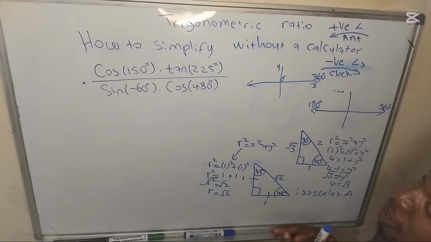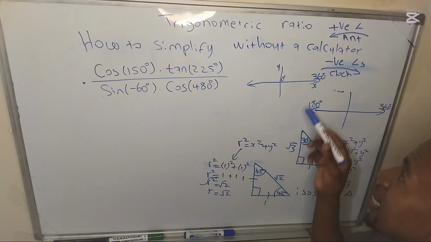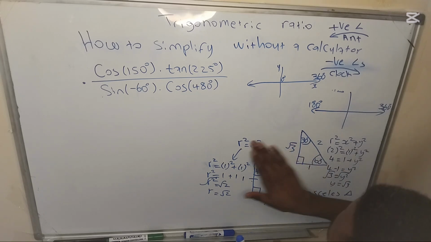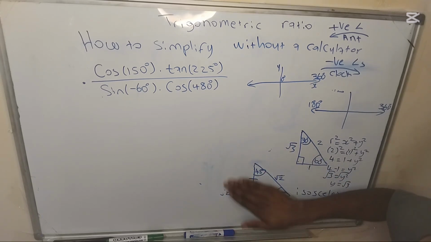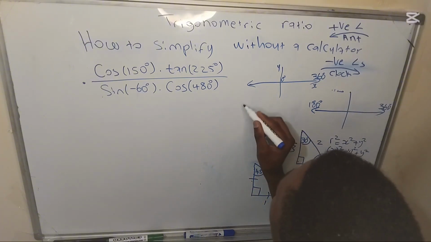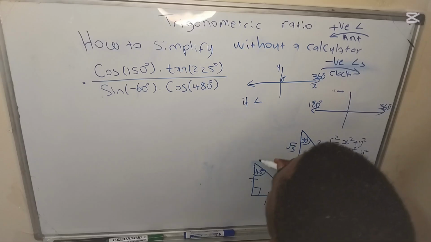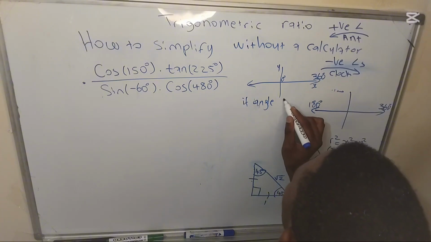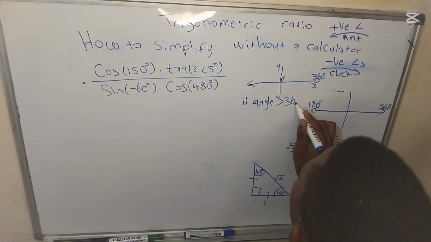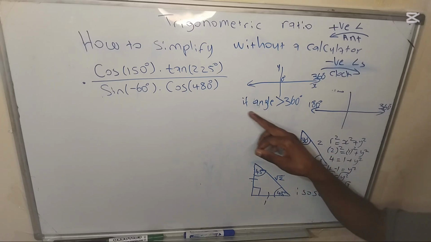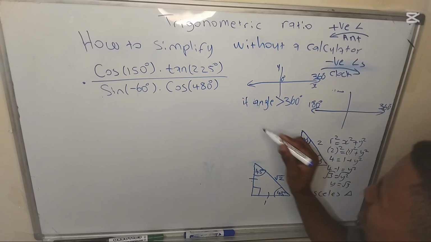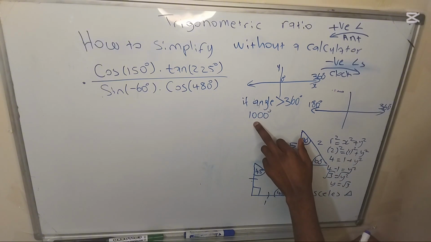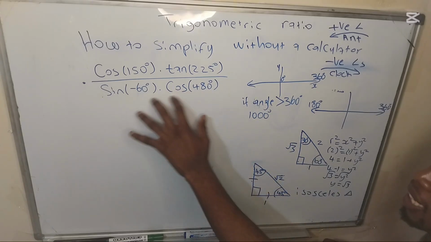If your angle is greater than 360 degrees, maybe let's say your angle is 1000 degrees, then you have to subtract in order to find a reference angle for this expression.